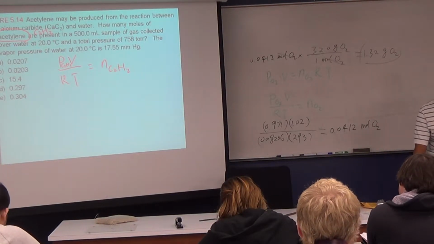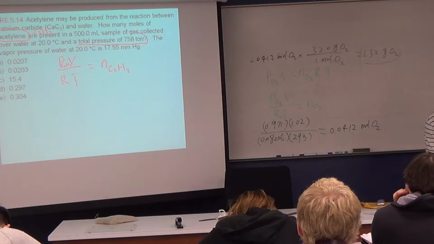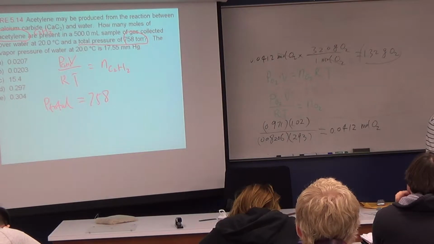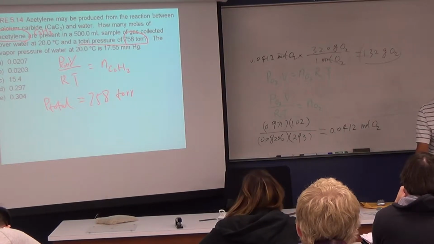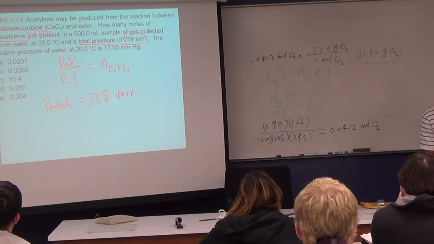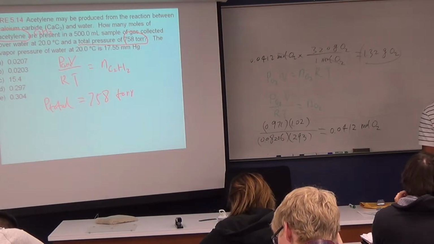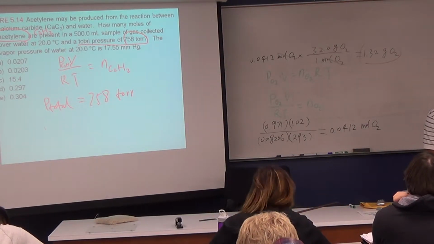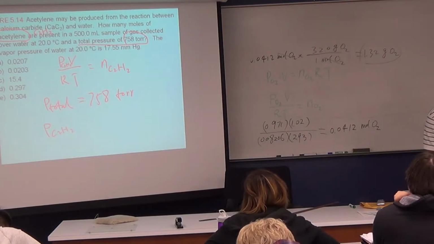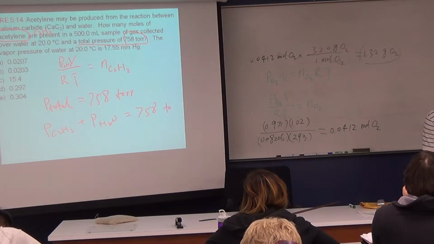So you cannot use the total pressure here. P total equals 758, and here we use torr. This number is given from the problem. Now you use Dalton's law: PC2H2 plus PH2O equals 758.